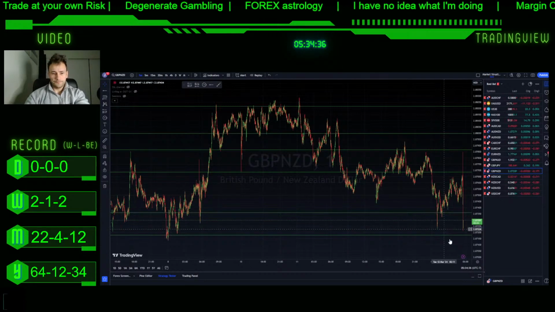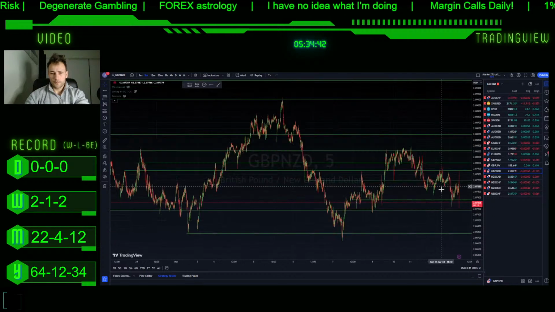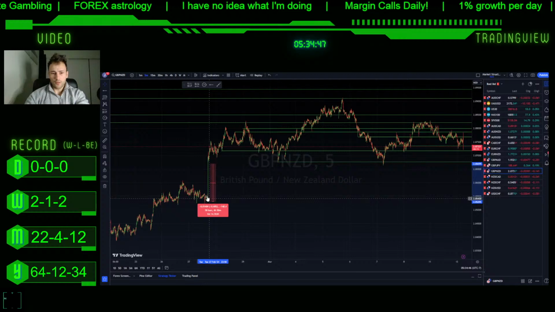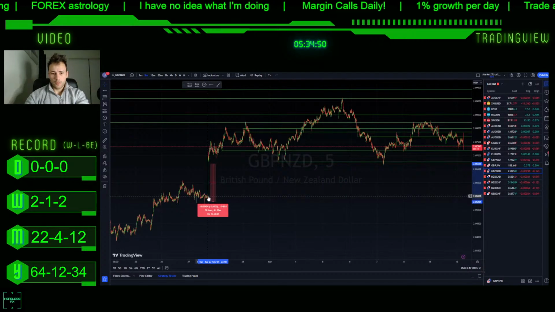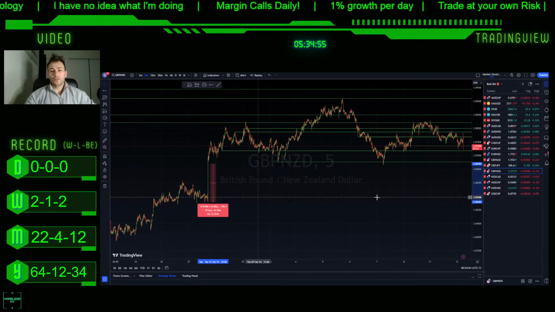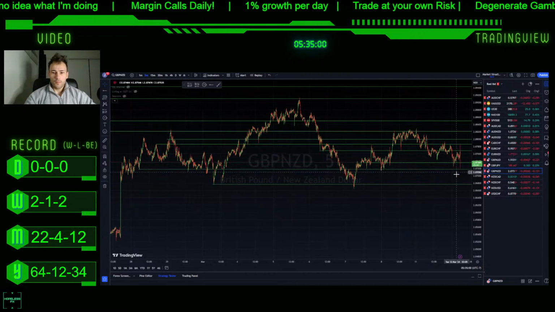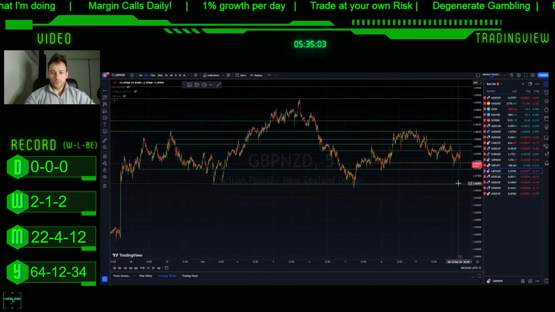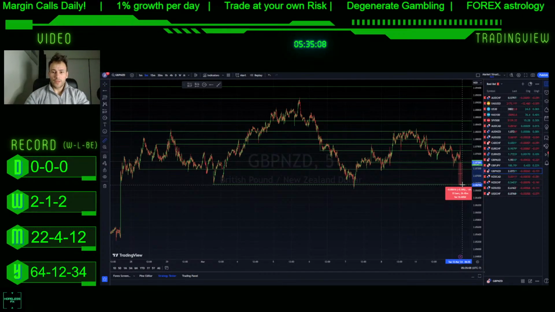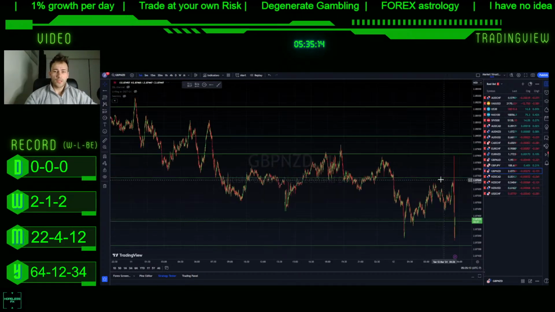But honestly, with this huge move back on February 24th, which I believe was the New Zealand interest rate decision, there's a lot of opportunity for it to just continue to fall. So maybe I'll wait for price to come down to this 206 level. If it does, that would be what I would consider a very exhausted move to the downside with a better potential to scalp quickly to the upside.